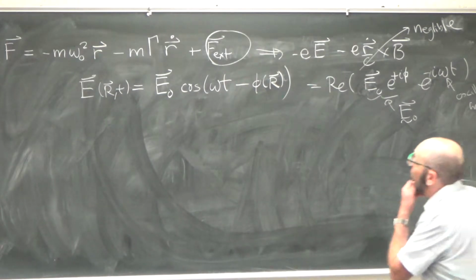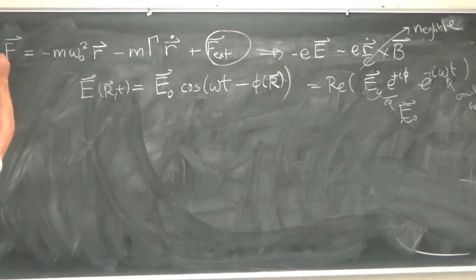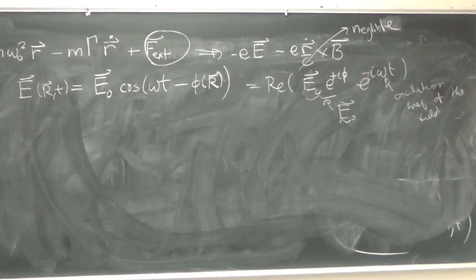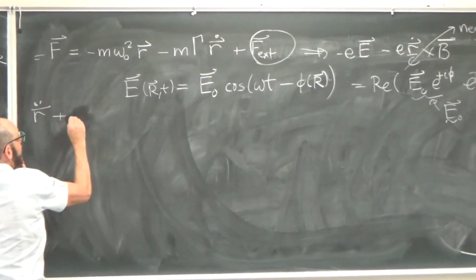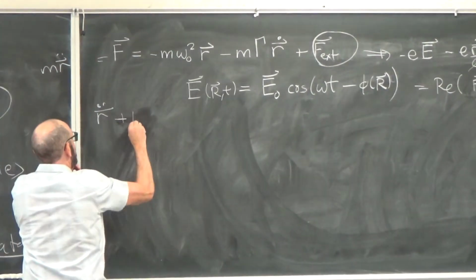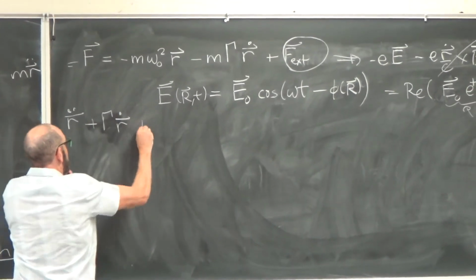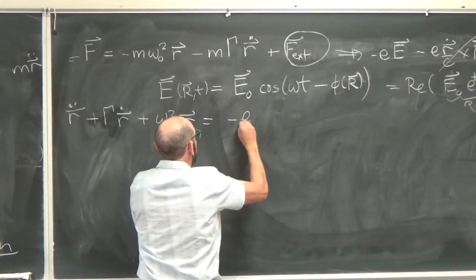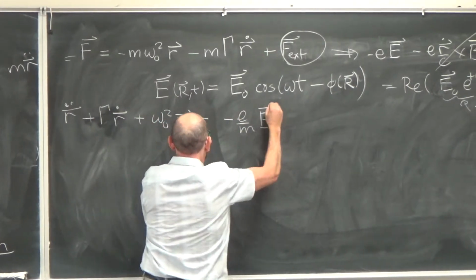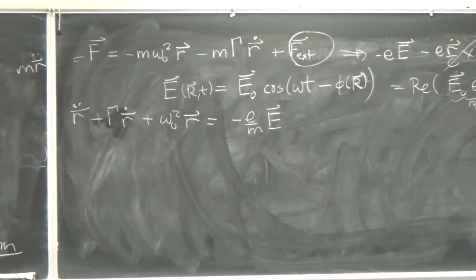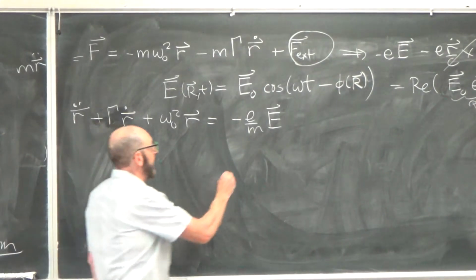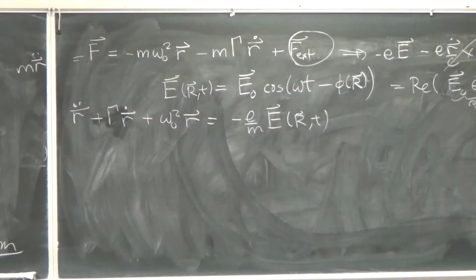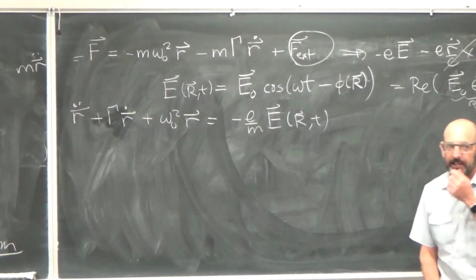Very good. So with that said, of course, F equals ma. So we have r double dot plus gamma r dot plus omega naught squared r equals minus E over m at the position of the atom. This, of course, is just the driven damped harmonic oscillator, right?